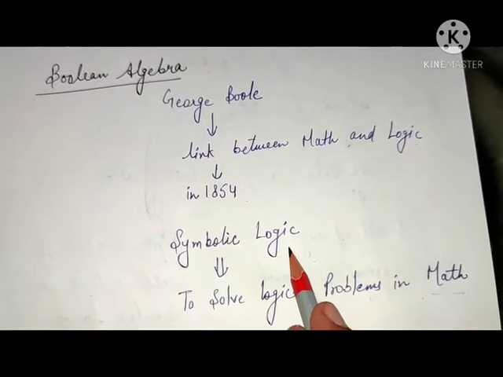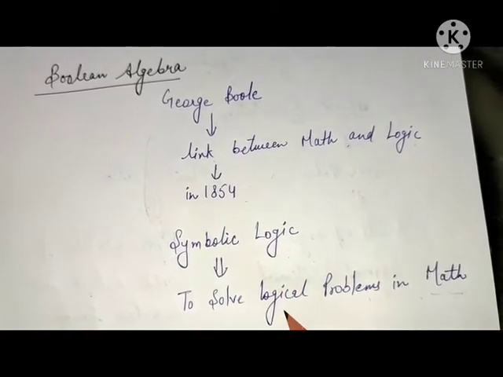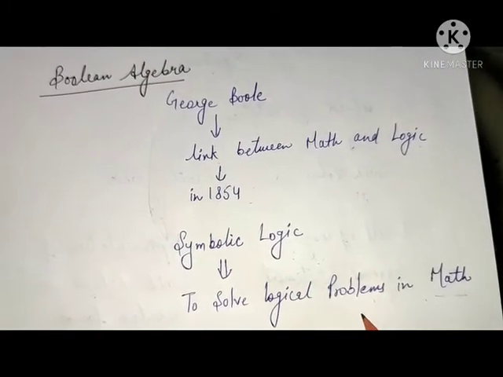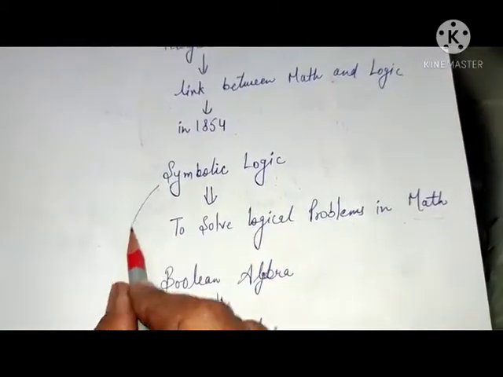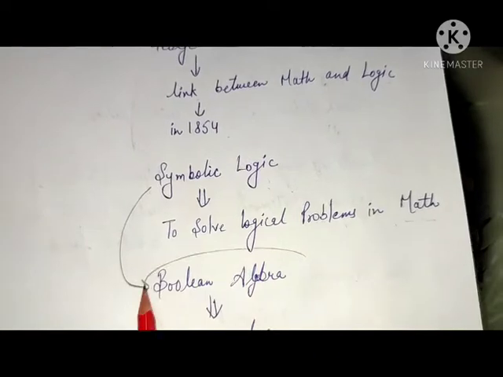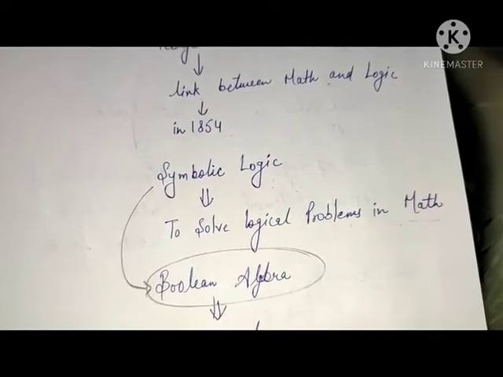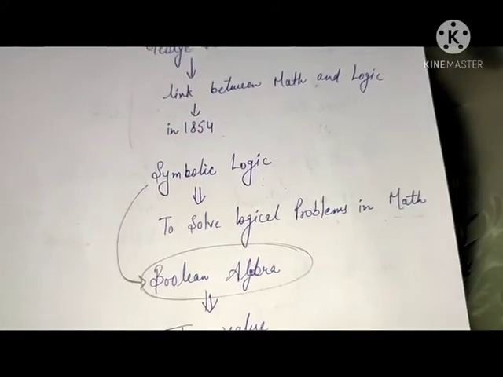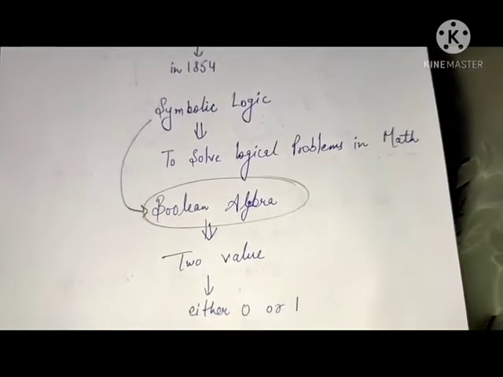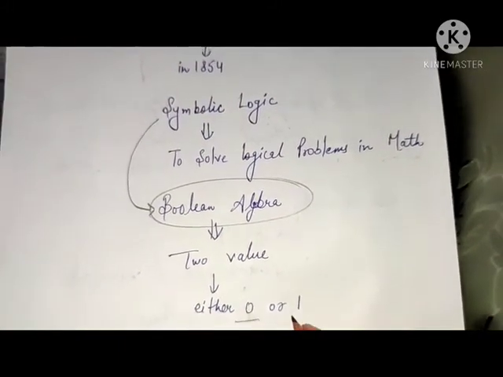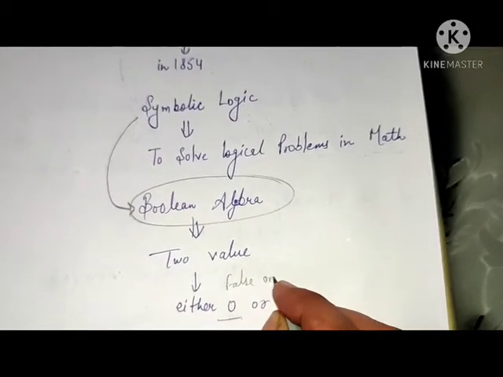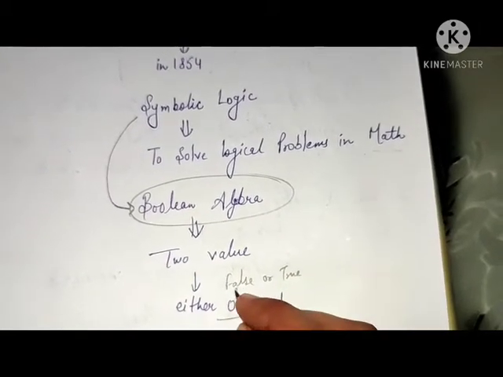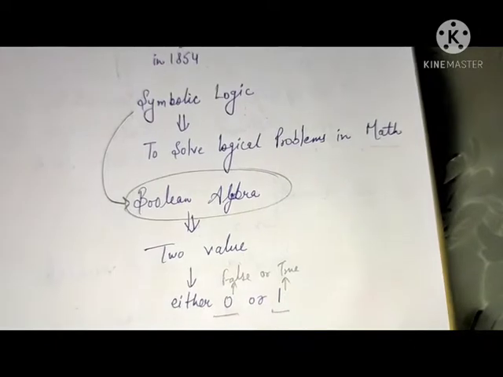He developed a symbolic logic that he used to solve logical problems in mathematics, and that symbolic logic is called Boolean algebra. This Boolean algebra deals with only two values, either 0 or 1, or we can say false or true. 0 for false, 1 for true.